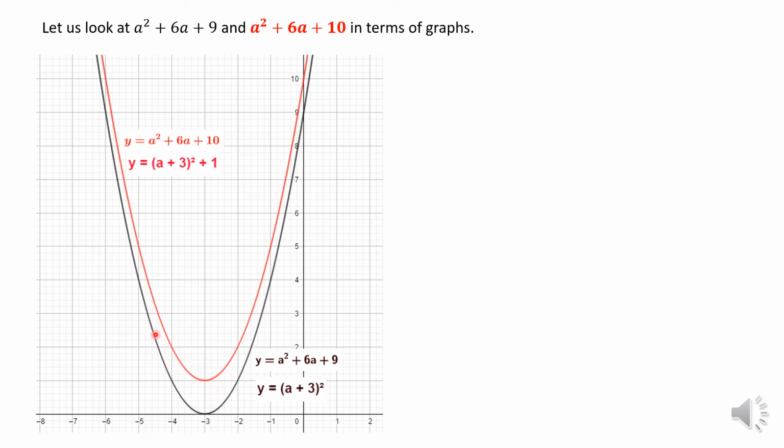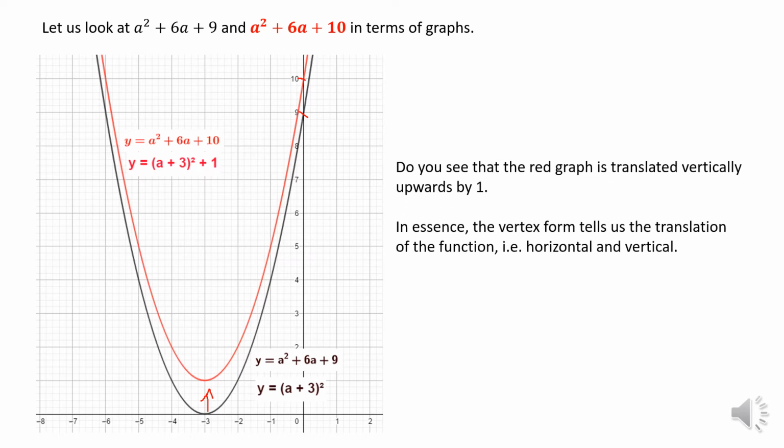It went up vertically. Okay, and it is very important that you realize that the graphs are similar but they cut the y-axis at different points. So I just wrote this briefly as a squared plus 6a plus 9, which I know is definitely the function.